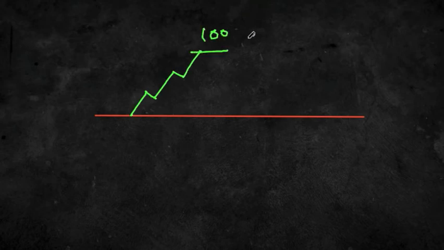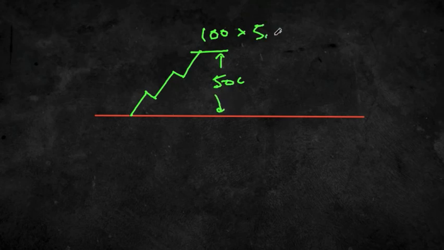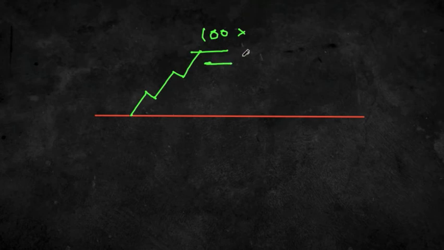I just want to drive home the imbalances between your winners and losers. Let's suppose you have a winning trade and it moves in your direction. Assume you have 100 shares and the move was 50 cents. So that's a nice trade. 100 shares times 50 cents would give you $50 profit. But of course, we need to add on slippage. So let's just add on, say, 8 cents of slippage and 4 cents of natural spread.